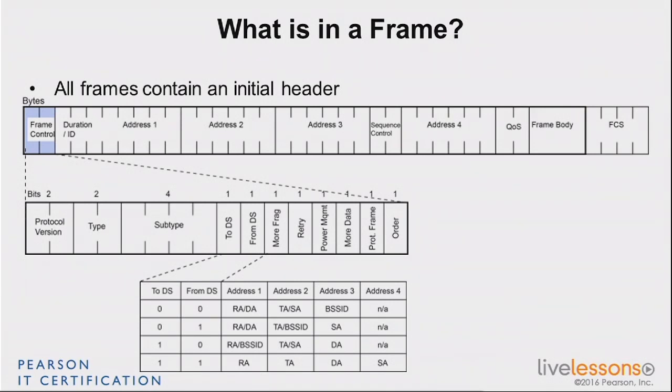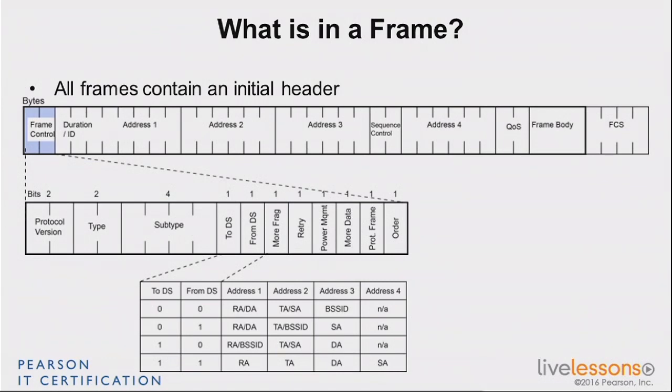RA, DA, TA, SA, you have these different concepts. And of course, depending on where the frame is, you may have two of those, but only one of the other kind, and vice versa. So when you go from the first station to the access point, there is only one source. So SA and TA are the same, so you don't need to repeat it twice. But you need to tell who is the RA, receiver address, probably the access point, so that the others don't take that frame, and who is the DA, what's the final destination.